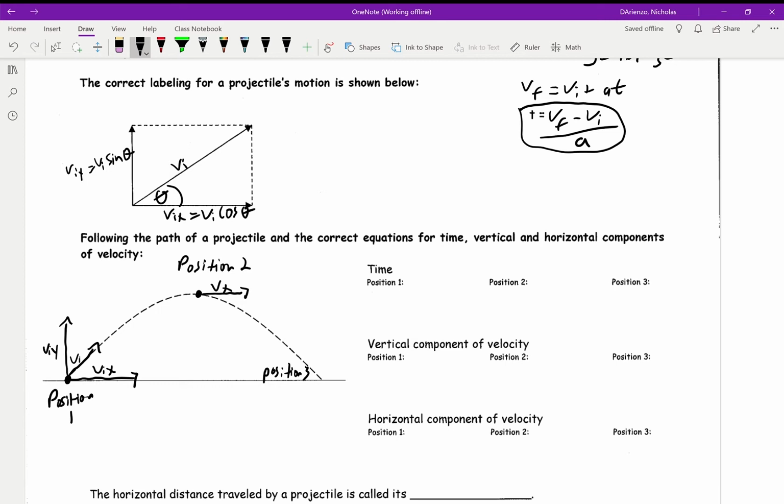Because as a ball is fired or hit with some type of initial velocity, it's traveling up its trajectory and it's being slowed due to gravity, since gravity is acting downwards and our velocity is acting upwards, up till position 2, where the velocity would equal 0. Then it accelerates back downwards towards position 3, mirroring the motion from position 1 to position 2.